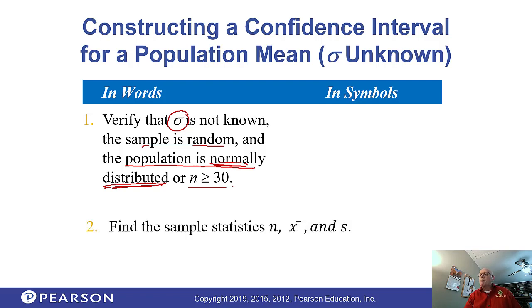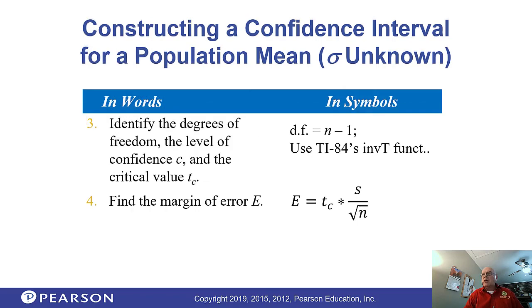Second, find the sample statistics. What's the size of the sample, the mean of the sample, and the standard deviation of the sample. Get the degrees of freedom. Real easy. N minus 1.